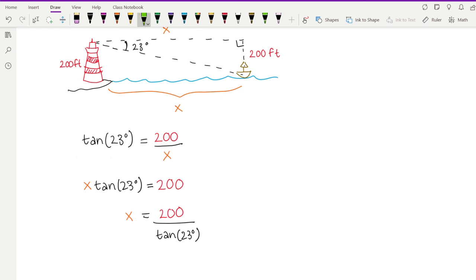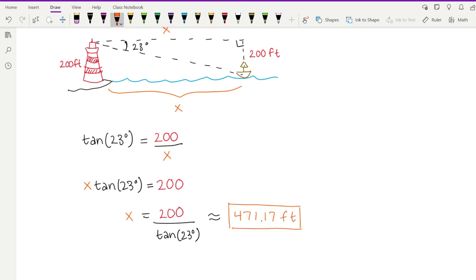But by waiting until the last moment to type it into your calculator, your answer won't get thrown off as much as it might by rounding earlier in the process. So if you type this into a calculator, 200 divided by tangent of 23, you should find that that is about 471.17 feet.